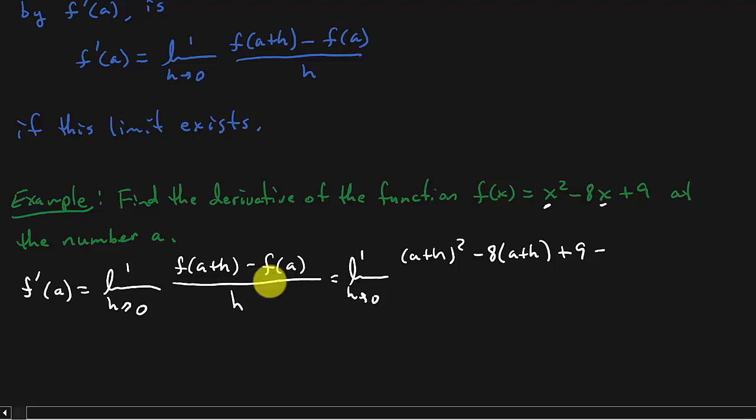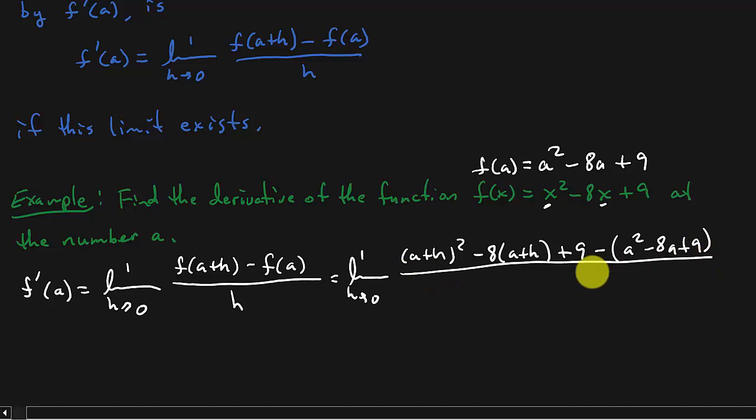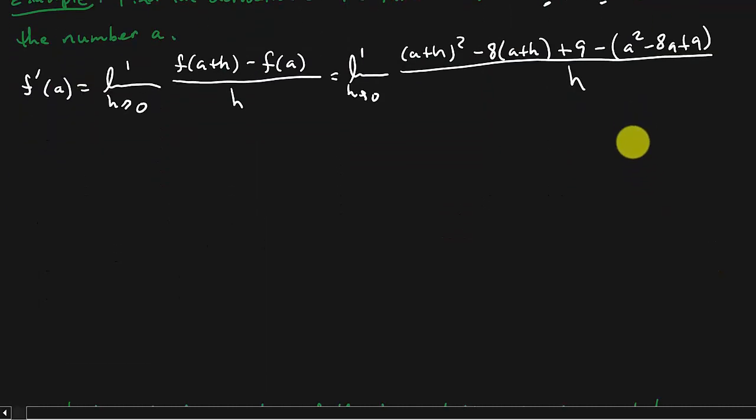Well, what's f of a? Let's come up here. f of a is equal to a squared minus 8a plus 9, right? So that's a squared minus 8a plus 9, all that over h. And this is going to be the limit as h goes to 0.